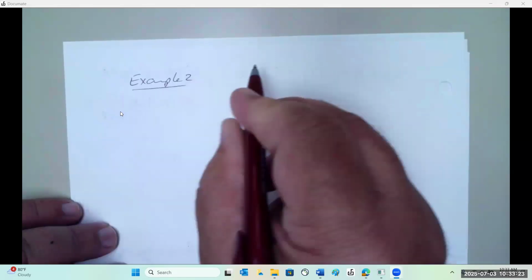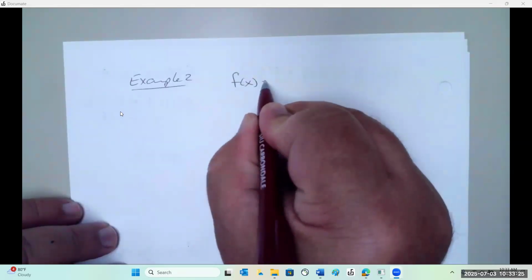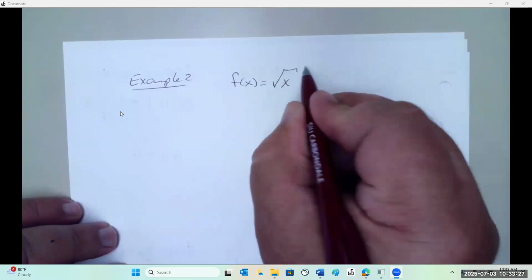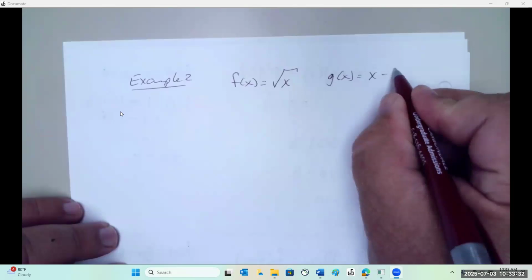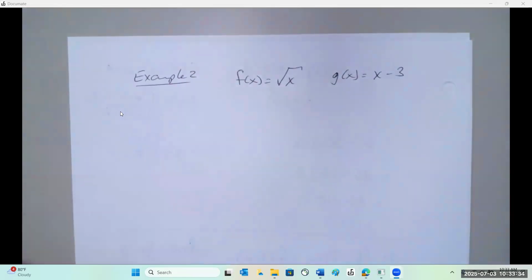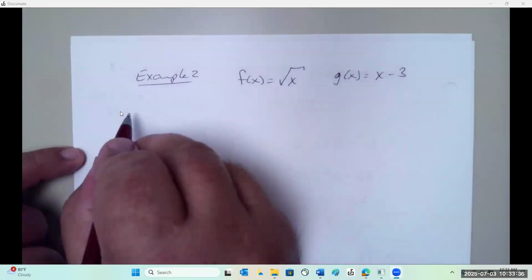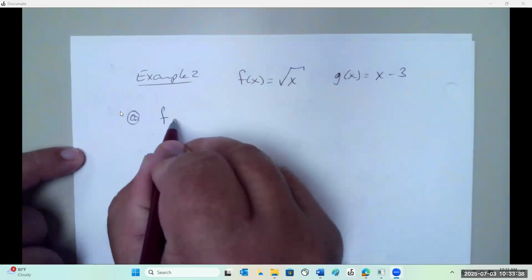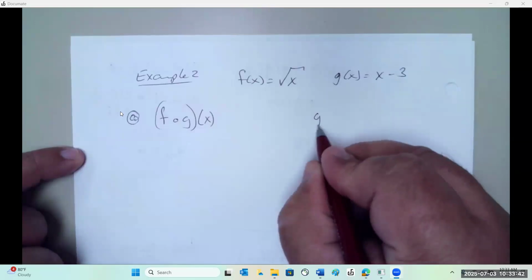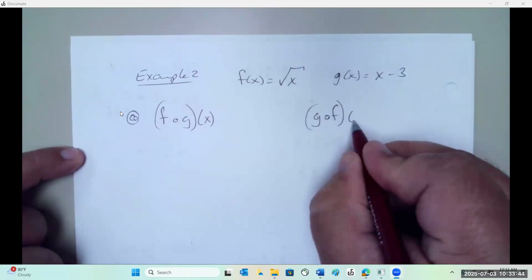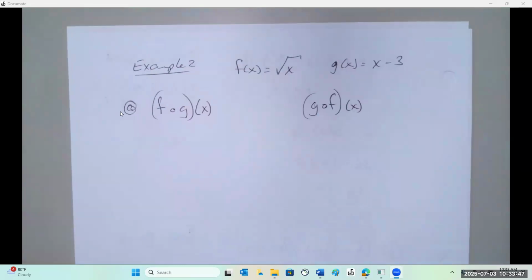Example 2. f of x equals square root of x. g of x equals x minus 3. So A is f of g of x and g of f of x.